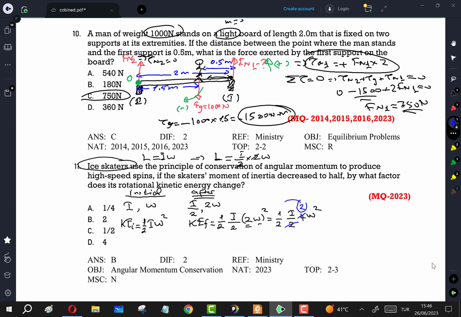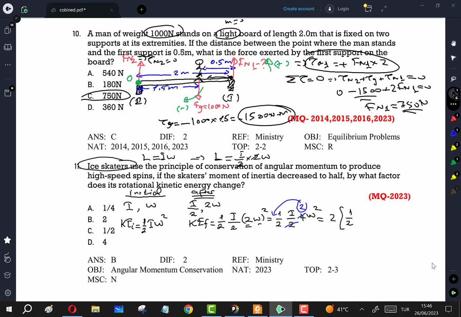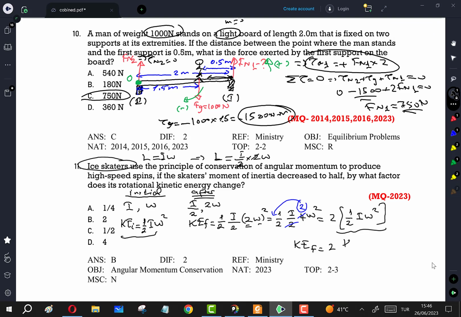Take this 2 in front of the equation, and what is left is 2 times 1 over 2 I omega squared. This is the initial rotational kinetic energy. So the final rotational kinetic energy is going to be 2 times the initial rotational kinetic energy.